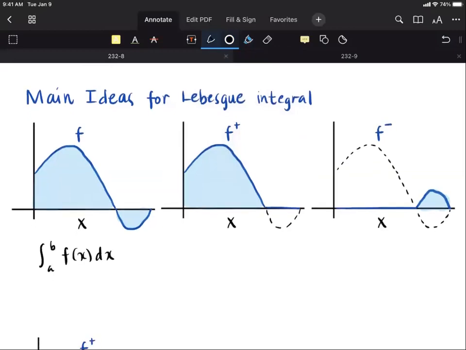So first, what we do is to write or decompose our function f into a difference of two non-negative functions.